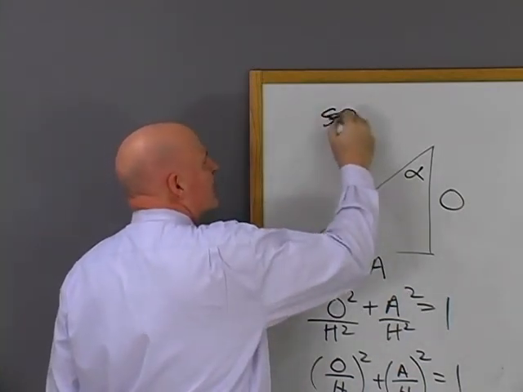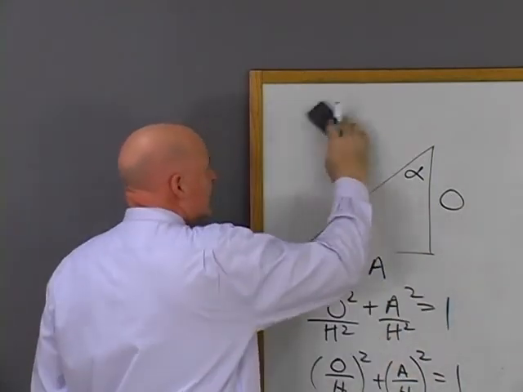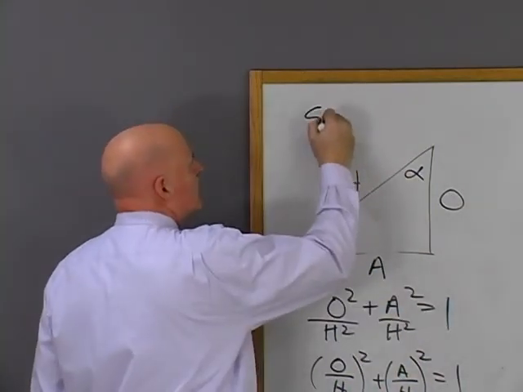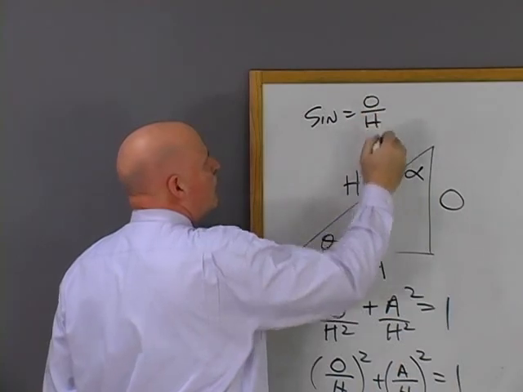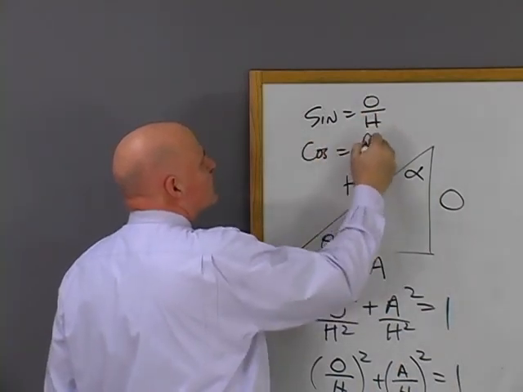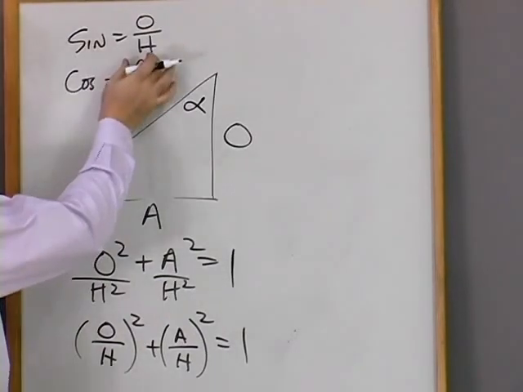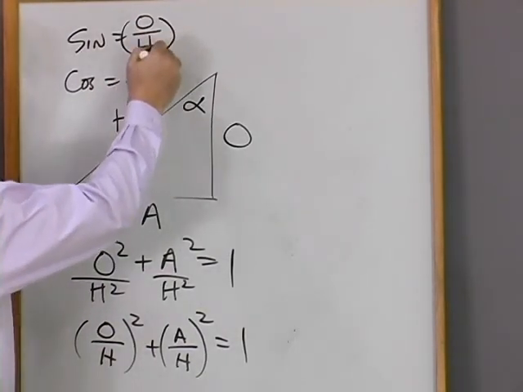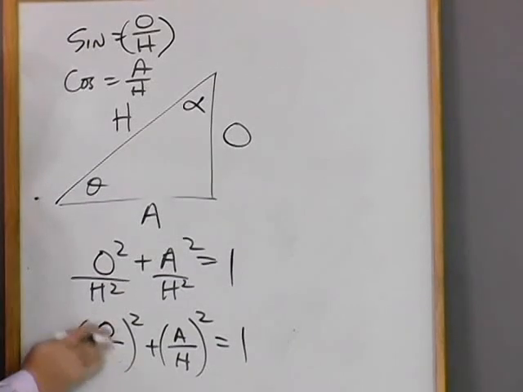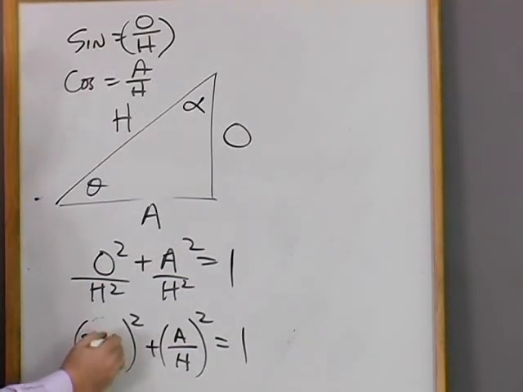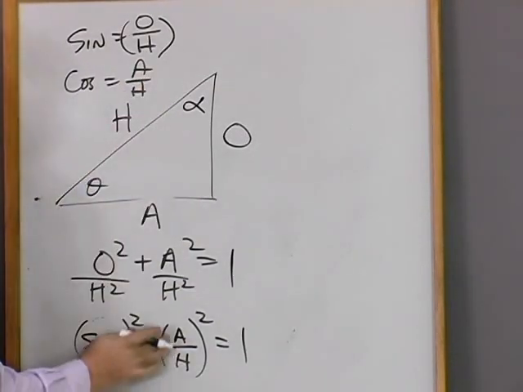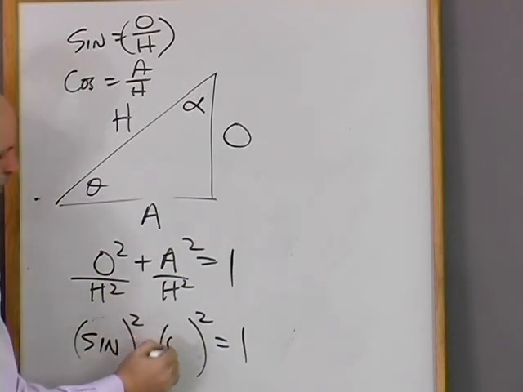SOHCAHTOA. The sine is opposite over hypotenuse. The cosine is adjacent over hypotenuse. So everywhere I've got o over h, I can replace that and put the sine. If I have a over h, I can replace that ratio and put the cosine.